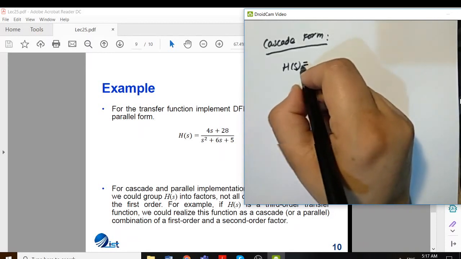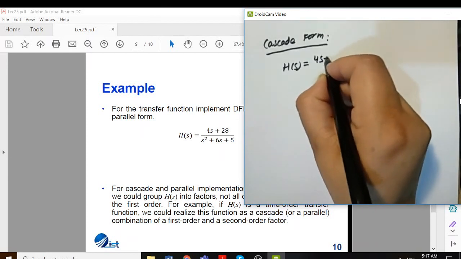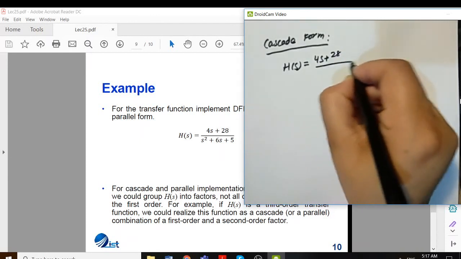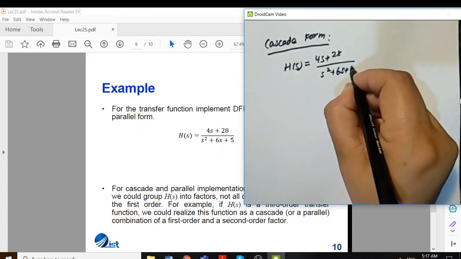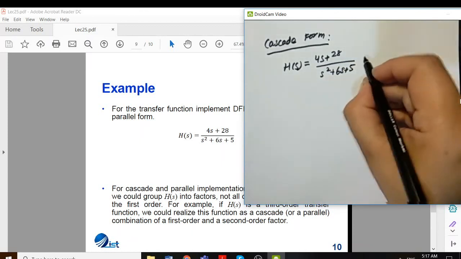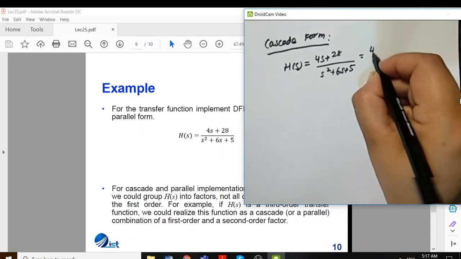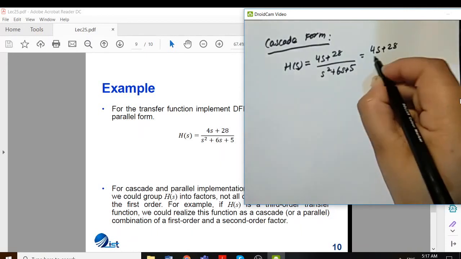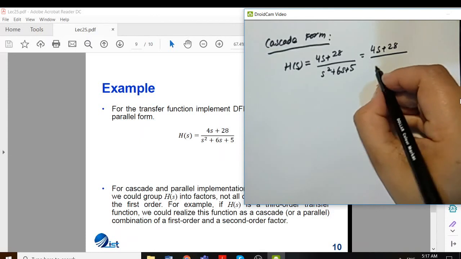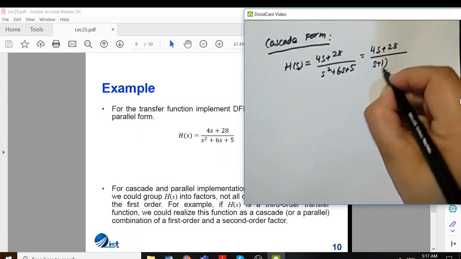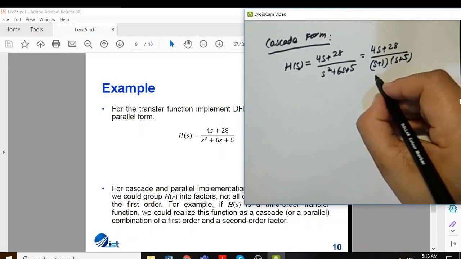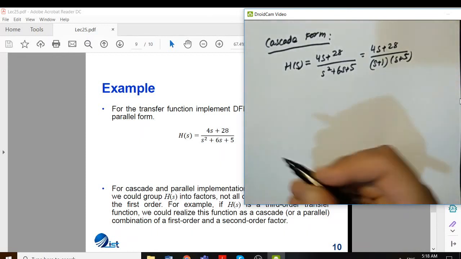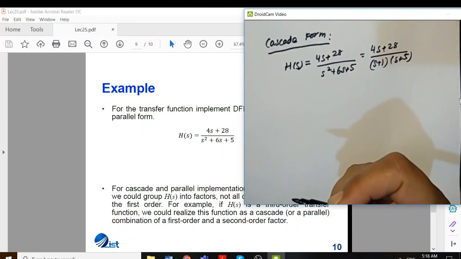So the given transfer function (4s plus 28) by (s square plus 6s plus 5) can be divided into (4s plus 28) by (s plus 1) into (s plus 5). I have divided the second order transfer function into a product of first order terms.